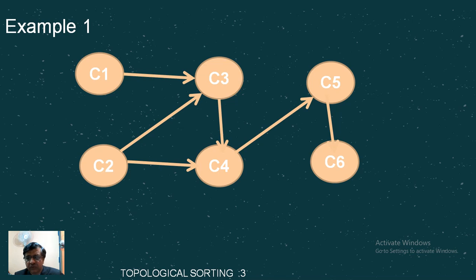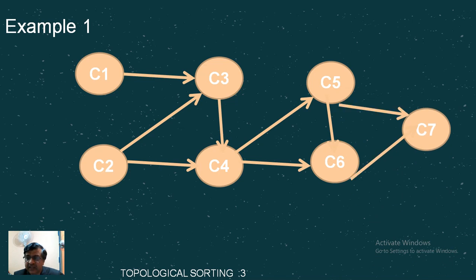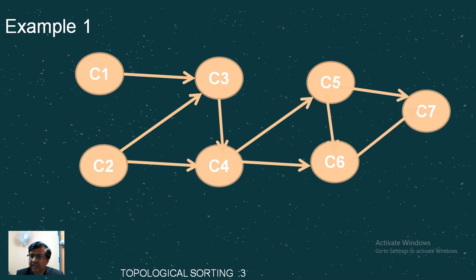C6 can be taken only after completion of C5 and C4, and finally C7 can be taken only upon completing C5 and C6. Therefore, C5 and C6 become preceding activities, and C7 becomes a following activity. In the parlance of academics, C5 and C6 can be called prerequisites in order to take up C7.